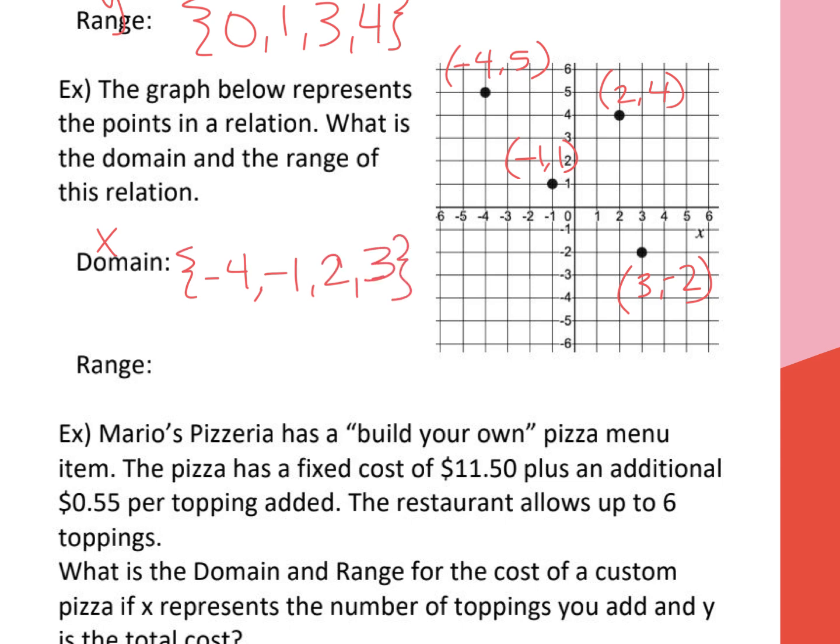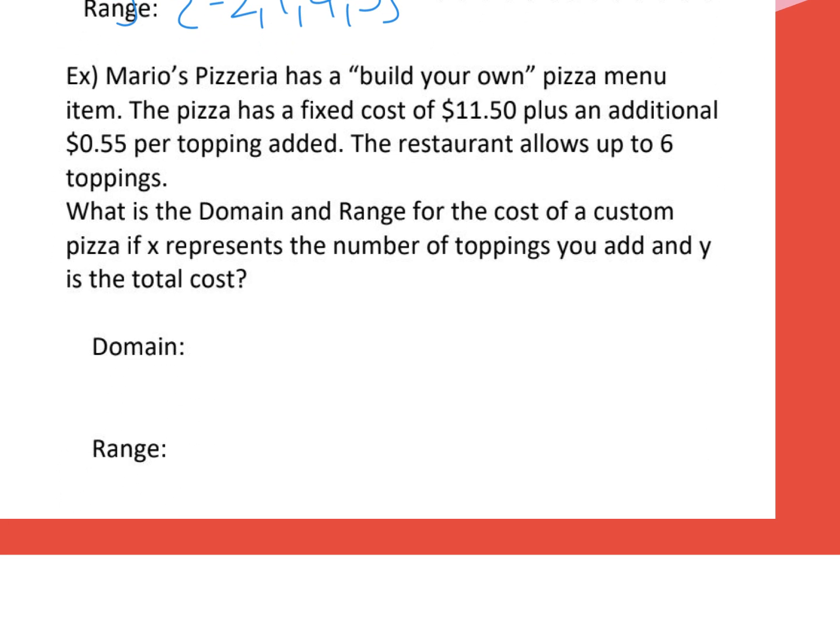Again, we are just listing because these are dots. They are disconnected. We are not going to connect the dots. And then our y's, negative 2, 1, 4, and 5. You could also make a table right there if I want you, so you can see the difference between the x's and the y's.